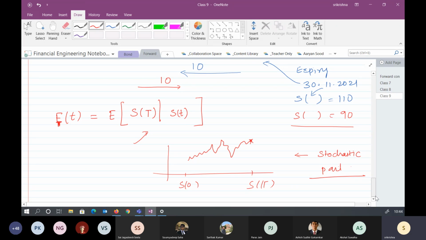Why? Because if you buy a stock, you do not have a deadline at which it will expire. Even if the market is volatile and your stock is not giving you a good return, if you wait for some more time, maybe the risk might decrease and you might get a return in the longer period.